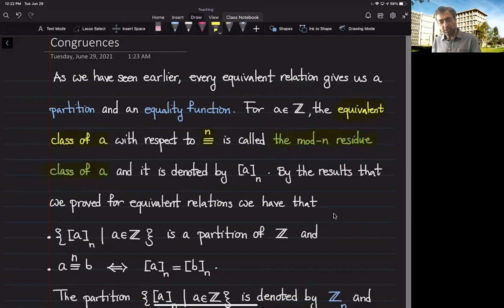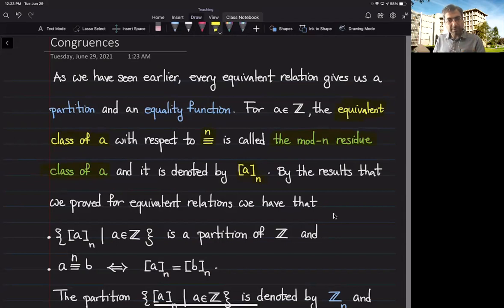So from this point on, we will refer to this equivalence class of A with respect to the mod N relation as the mod N residue class of A. And if N is clear, we simply refer to this as the residue class of A. This is denoted, similar to the general setting, by square bracket A, closing square bracket, subscript N. With this subscript N, we are indicating that I'm using this mod N relation.